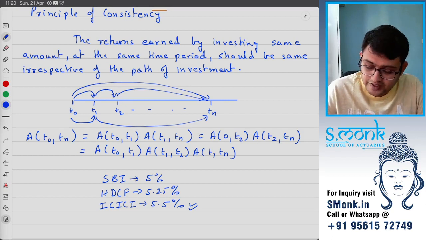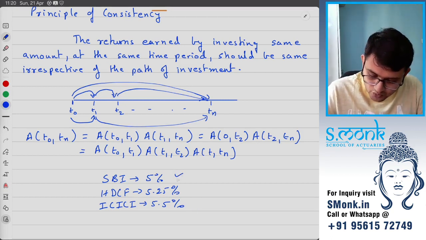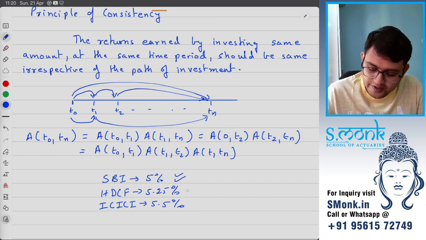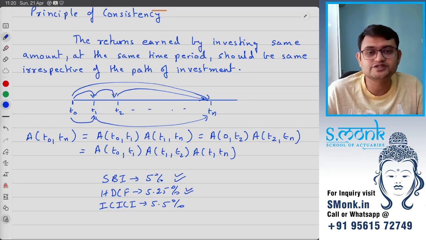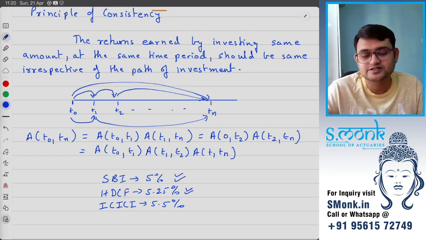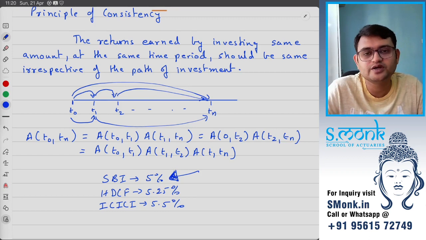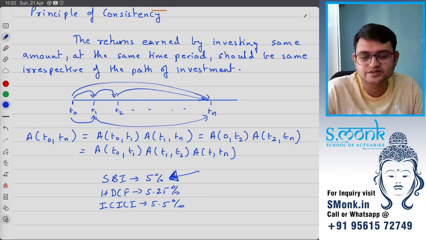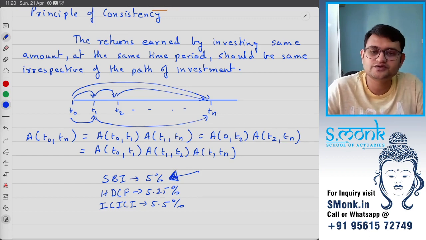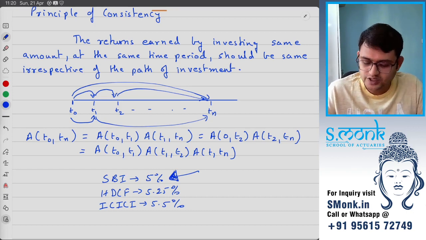But in real life, there will be people who will choose SBI. There will be people who will choose HDFC. The main reason is less risk. The main reason people will say SBI is sort of a government entity, at least supported by the government, has the least amount of risk, so I will choose SBI because of that. Somebody might choose HDFC just because it is more convenient.